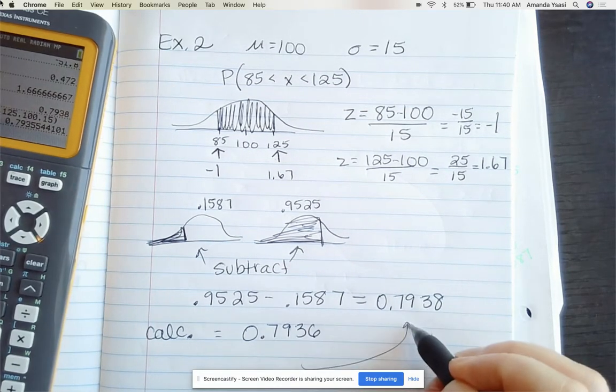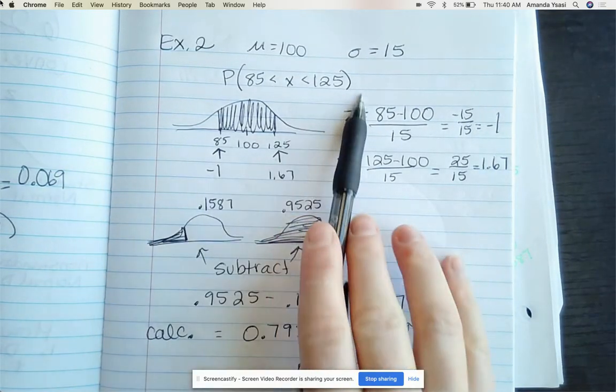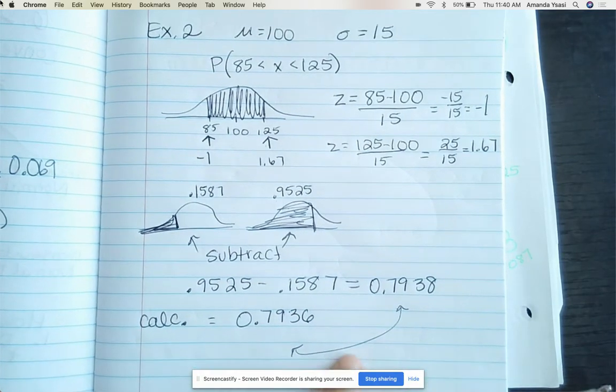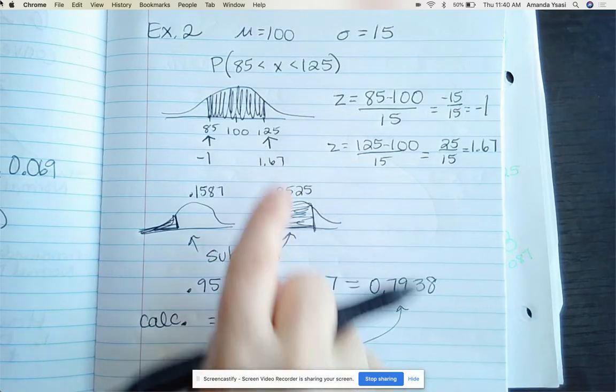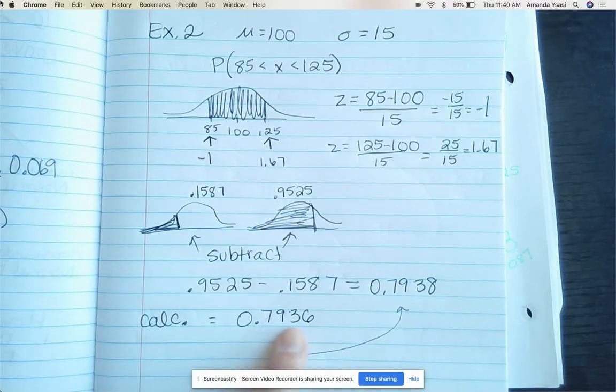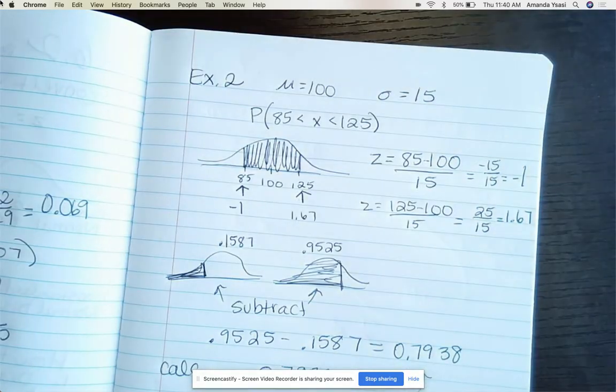Okay, so pretty similar. So you've just got to decide which one you want to do. Knowing how to get the z-score, that may be a question, and then actually finding the area. So the probability of an IQ score between 85 and 125 is about 79.4%. Not too bad.